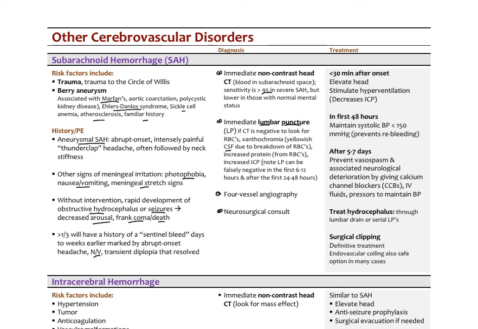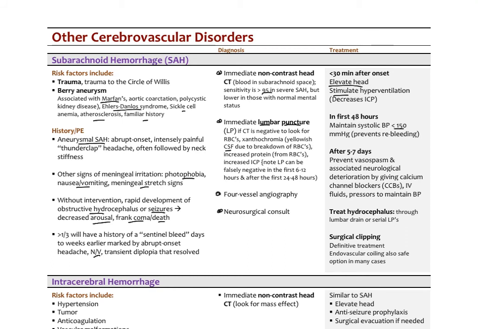The treatment within 30 minutes of onset is just to elevate the patient's head and to help stimulate hyperventilation, and that's actually going to decrease intracranial pressure. And then in the first 48 hours, it's to really maintain your systolic blood pressure under 150, and that prevents rebleeding.